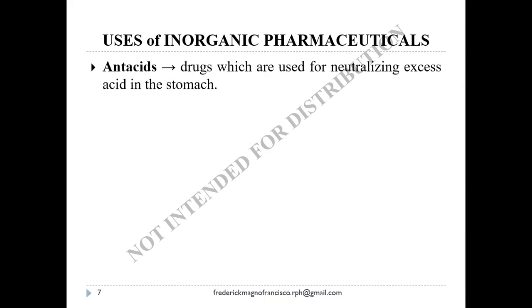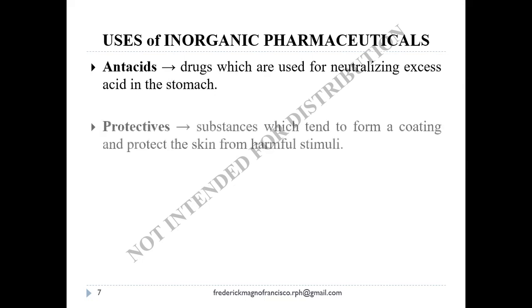Antacids. These are drugs which are used for neutralizing excess acid in the stomach. Overeating or eating too quickly can cause the stomach to produce more acid than it needs. Example of an antacid is aluminum hydroxide. Protectives. These are substances which tend to form a coating and protect the skin from harmful stimuli.